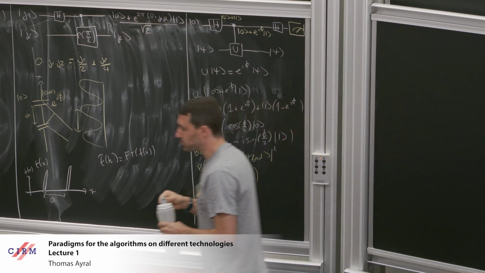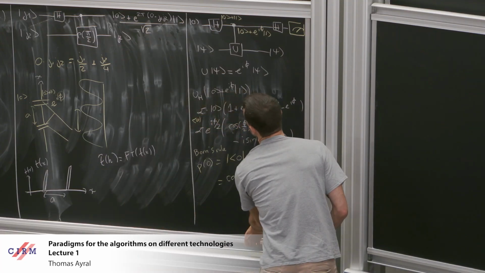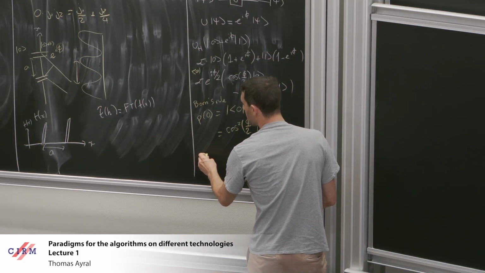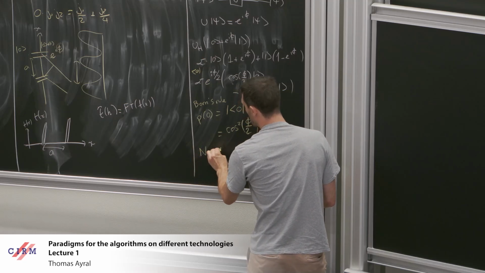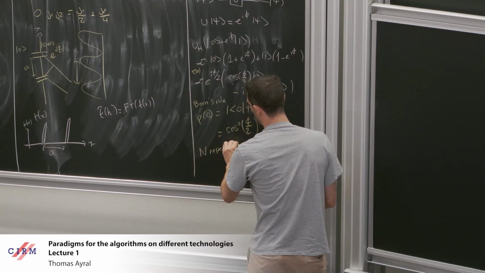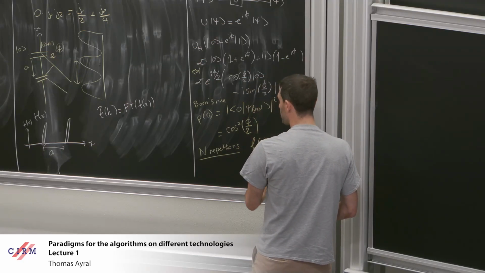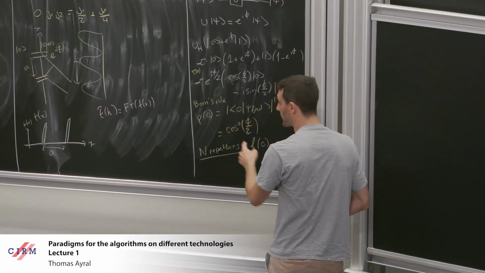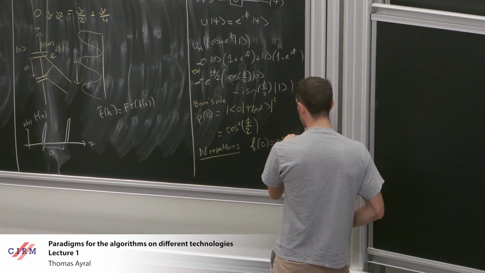So the price to pay here is that if you measure with n repetitions, then you obtain the frequency f of 0 appearing. So it's different from p of 0, but in a sloppy way, it's p0 plus an error, epsilon.